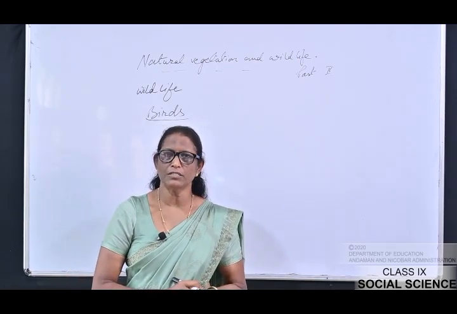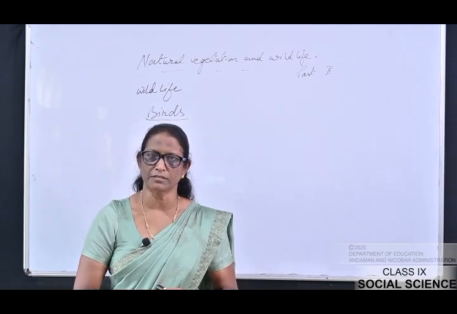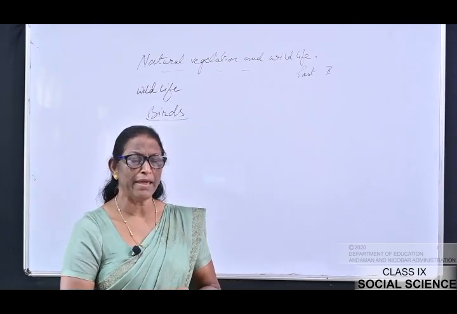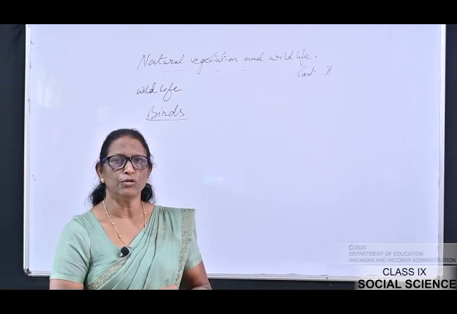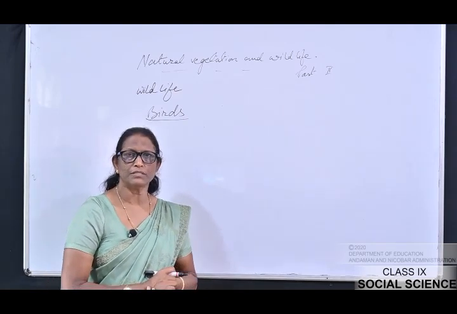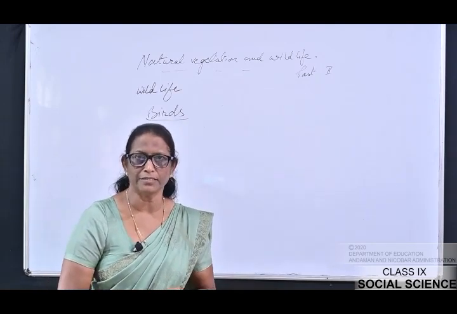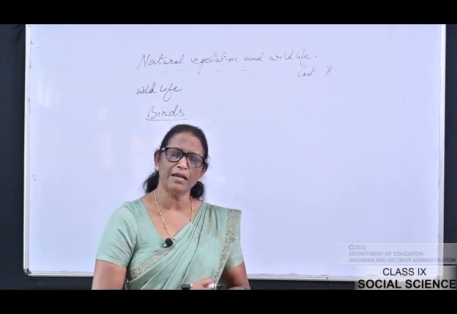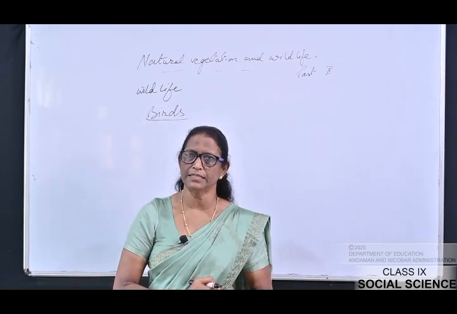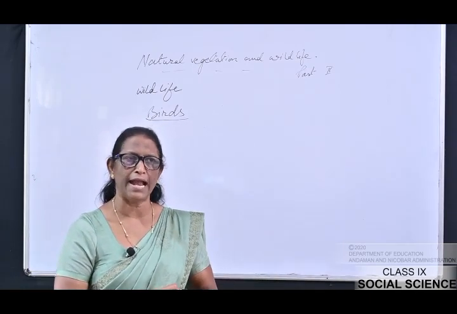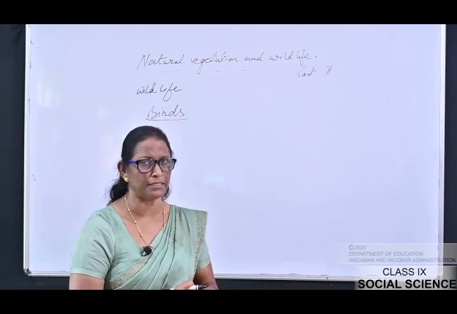What are the causes of their extinction? The main cause of extinction is that we use land for agriculture. India is a country where 50% of our land area we brought under agriculture.